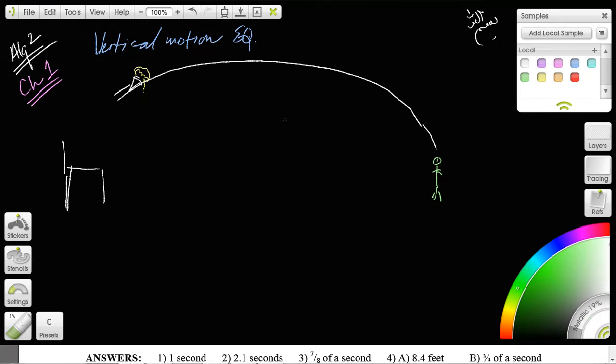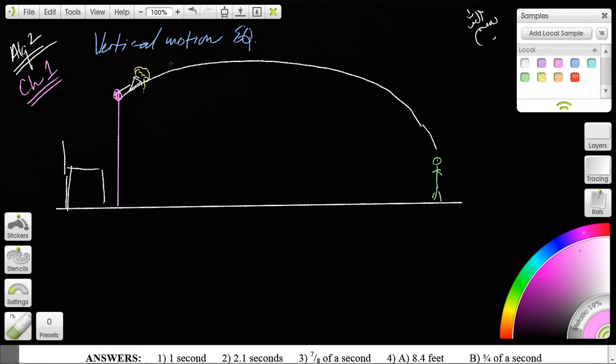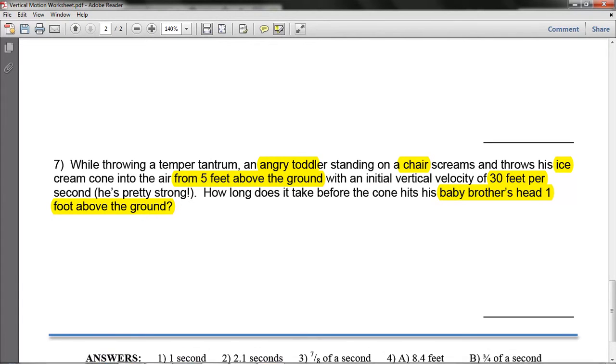So he's throwing this from 5 feet above the ground. He's pretty tall, right? So when the cone starts on its trajectory, it's 5 feet above the ground. And his baby brother's head is 1 foot above the ground, so he must be ducking or something.